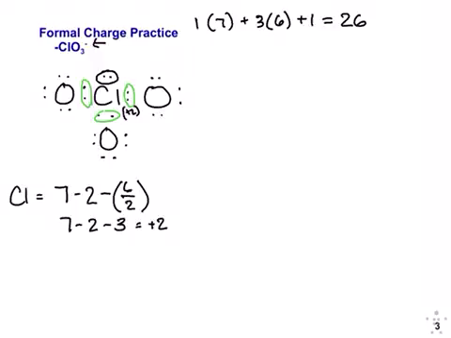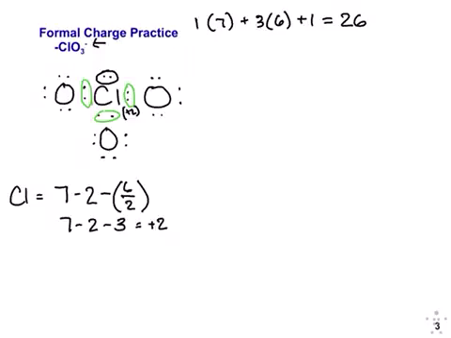So that's not ideal, because what is our target formal charge? 0. But even just that, we should probably know something's wonky and we should reevaluate. So when it comes to this reevaluation, we are going to be moving electron pairs.